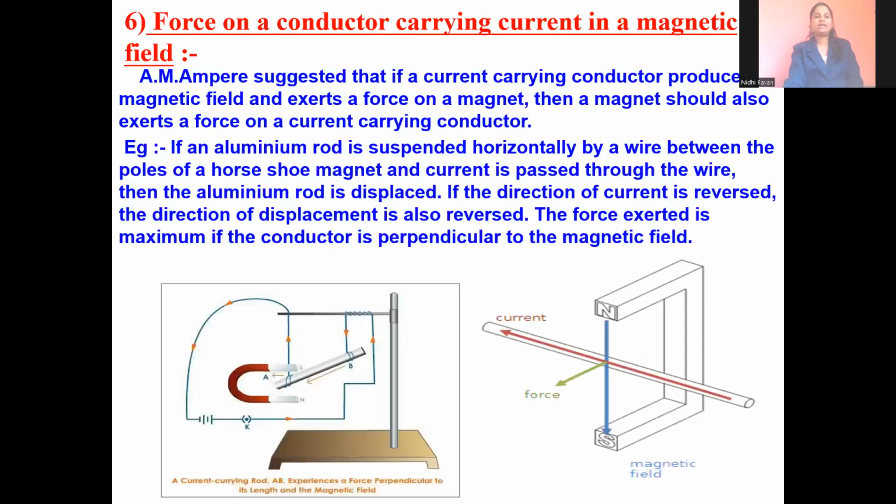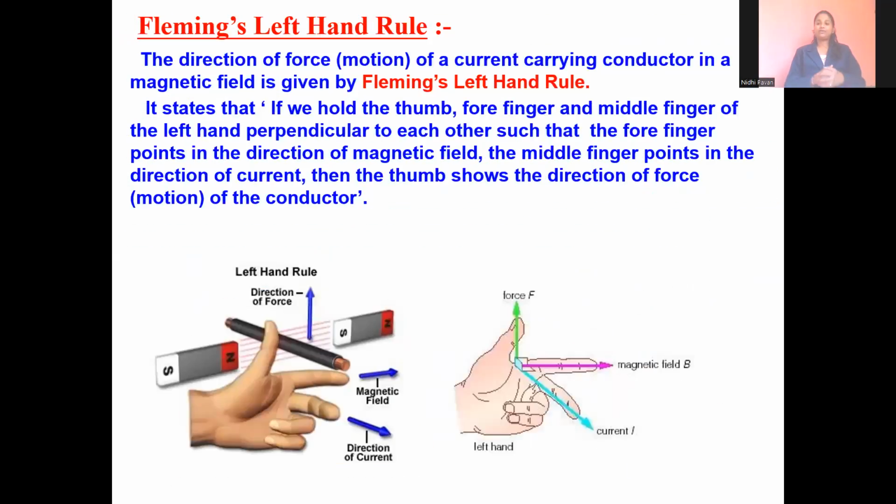We discussed the electromagnet, and now we are going to discuss Fleming's left hand rule. So what is this Fleming's left hand rule? It shows us the direction of force on a current carrying conductor in a magnetic field. In a magnetic field, the direction in which the conductor moves is given by Fleming's left hand rule.